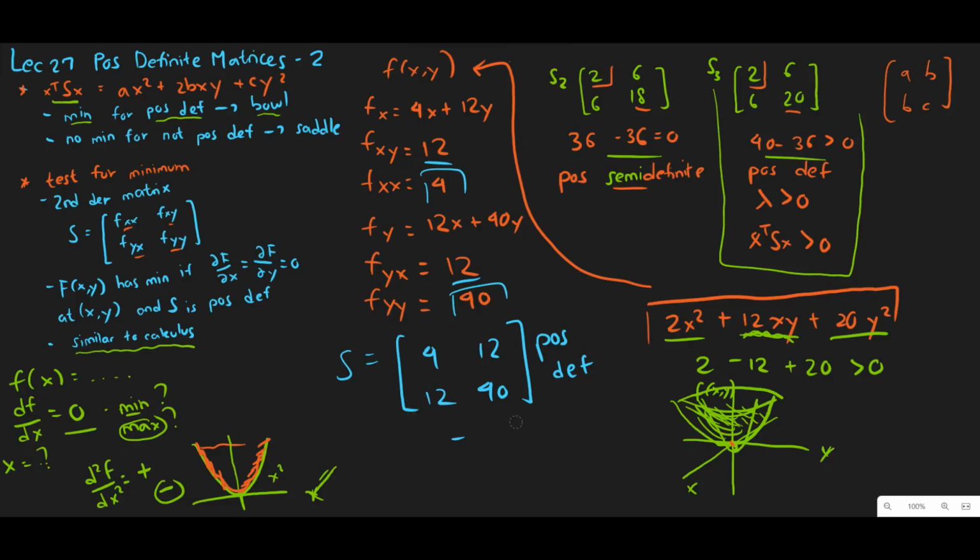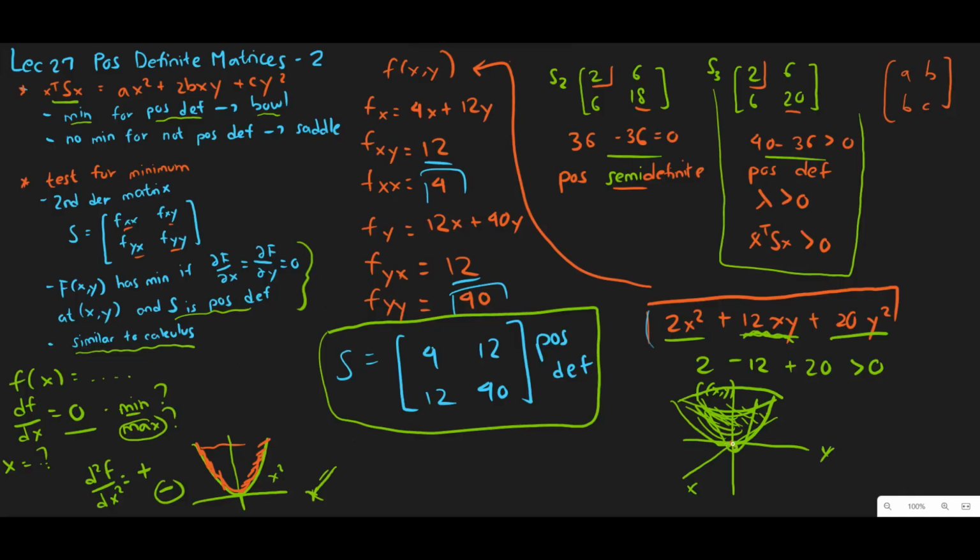So it's a good sign, because in order for this function to have a minimum, this is what we need to satisfy right here: f has a minimum if the derivatives with respect to x and y at (x, y) are 0 and S is positive definite. So we have that first requirement, S being positive definite, and we just need to plug in some values of x and y.